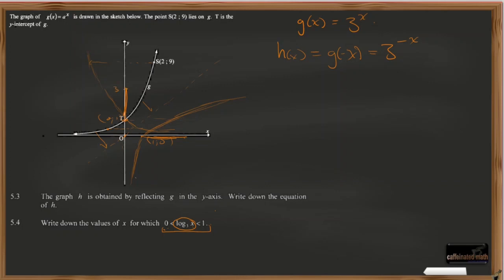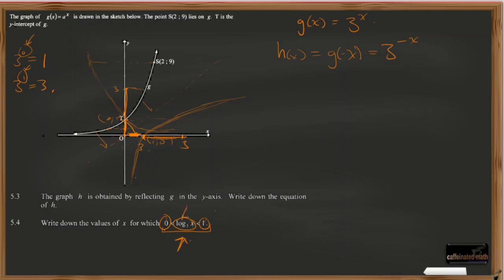on the graph of f, we know that those x values are 0 and 1, because 3 to the power 0 is equal to 1 and 3 to the power 1 is equal to 3. But it's these exponents that now become the y values over here for our log. So everything inverts to being between 1 and 3, which is what this question is asking.